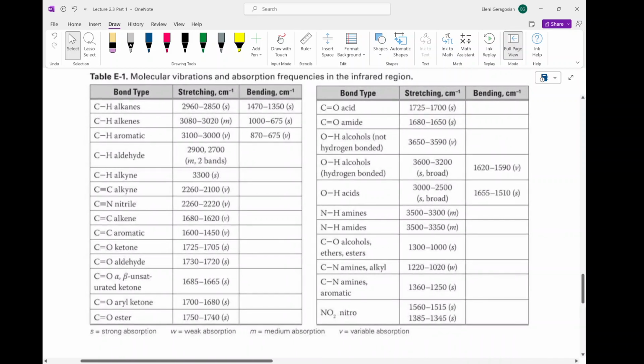In this table here, notice that it is organized by bond type. So just two tables organized by bond type. Here we have the region where OH bonds would appear. And OHs are between generally 2,500 and 3,650.